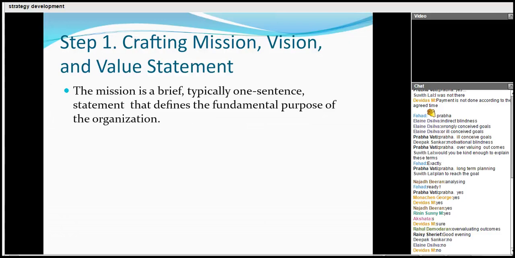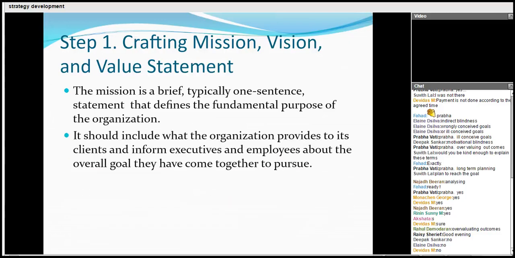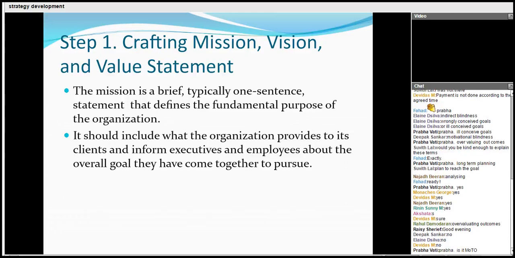We're going to look at examples, don't worry about it. It should include what the organization provides to its clients and inform executives and employees about the overall goal they have come together to pursue.